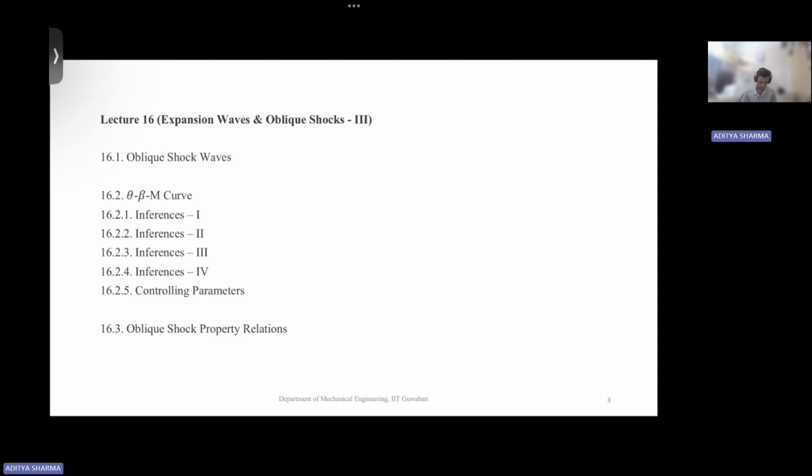So this is it about this section. Controlling parameters also, if you understand your theta-beta-M curve, you can understand. And oblique shock property relations mostly have been covered in your previous lecture. So this lecture was basically focusing on oblique shock waves.